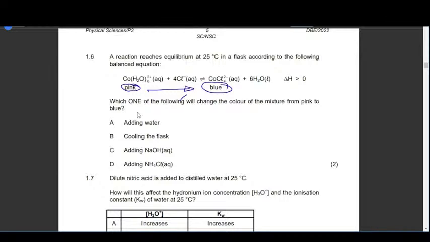Let me check and see. Adding sodium hydroxide will not cause this color to change. Then adding ammonium chloride. Do you have the chloride ions here? Yes. So if I add the chloride ions, because when ammonium chloride ionizes, it's gonna be ammonium chloride.